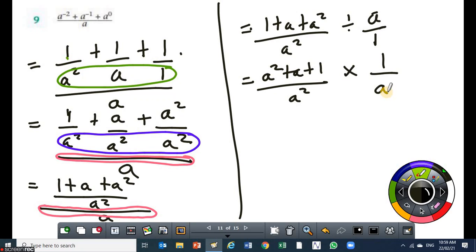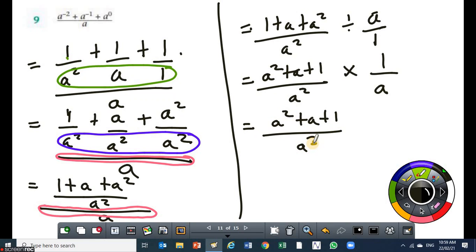I converted division to multiplication, so I inverted those two. You did that last year and in grade 9. All I have to do now is multiply numerator by numerator, and denominator by denominator. So that will become a squared plus a plus 1 over a cubed.